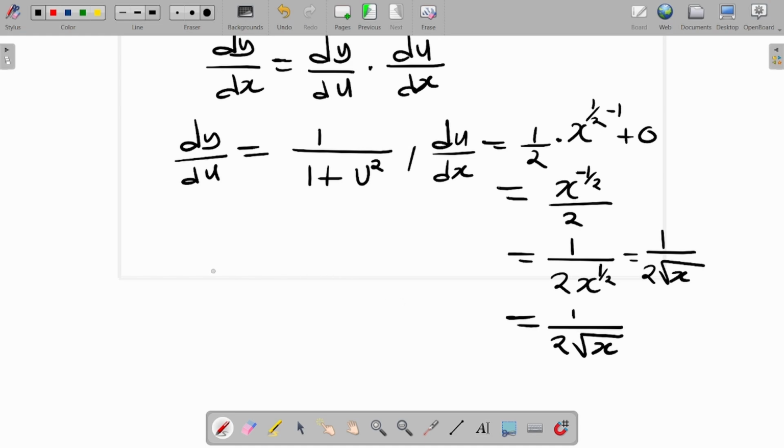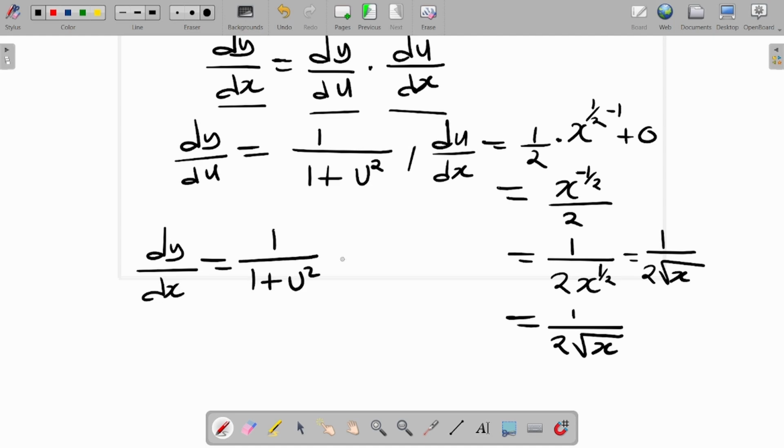So substituting in this formula now, dy over dx will be given by dy/du, which is 1 over 1 plus u squared, multiplied by du/dx, which is 1 over 2 root x.